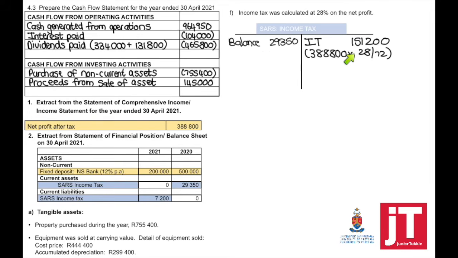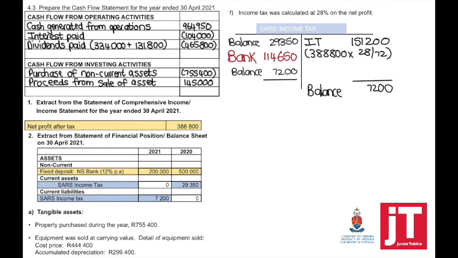My income tax is calculated by taking the net profit after tax times 28 divided by 72. At the end of this year, if we look at current liabilities, we owed SARS 7,200. That is a credit balance. Balance brought down means balance carried down.